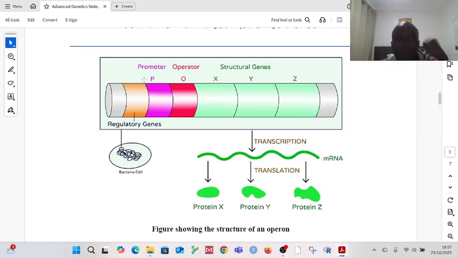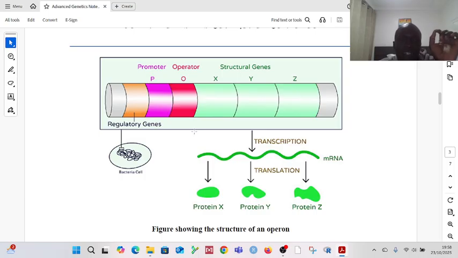But hiyo RNA polymerase ikikuja iattach kwa promoter, lakini repressor imetengenezwa na the regulatory gene, na hiyo repressor imeshika operator. Hiyo repressor operator venye imetengenezeka, imeshikana hapo, itasimamisha the RNA polymerase kusonga so that iende isome the structural genes.